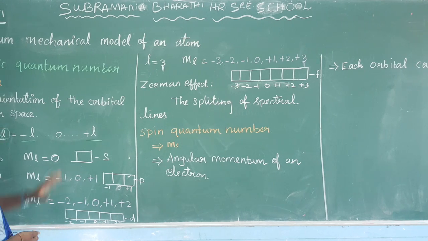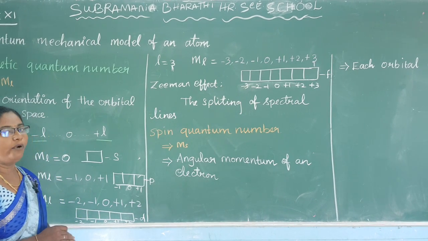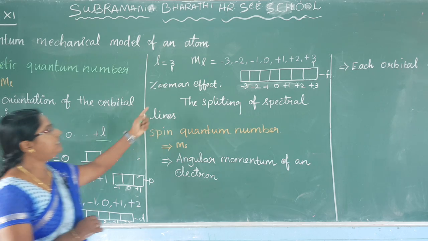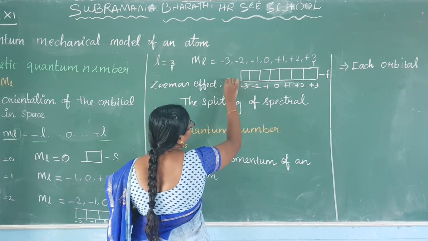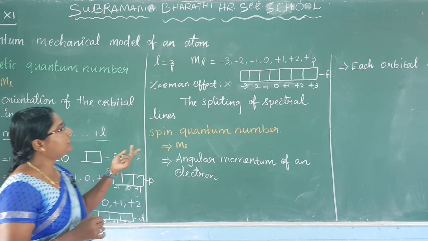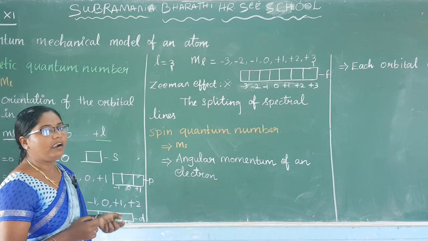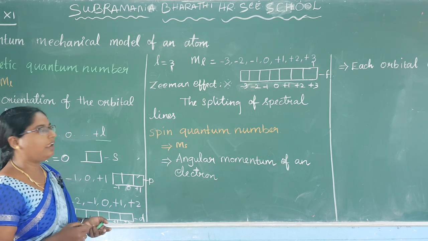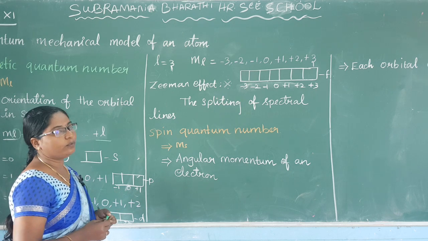Okay. This magnetic quantum number explains one important effect. What is that? Zeeman effect. It is a very important question that you can expect for your exam too. What does this effect say?